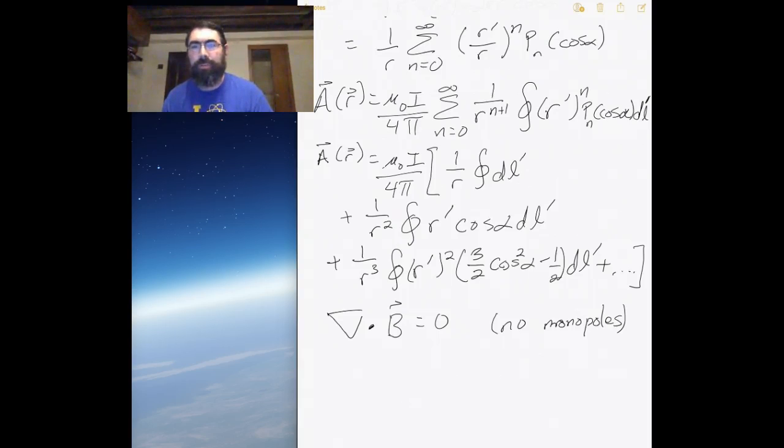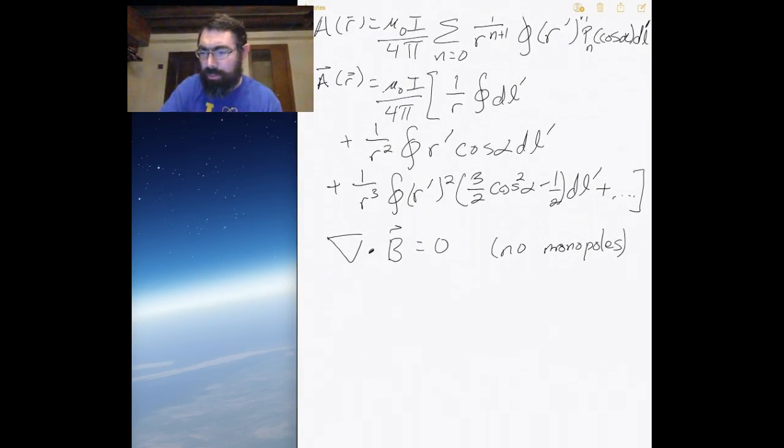It always has to come in 2 poles to make up a magnetic field. Okay, so how does that fit into our expansion here? Well, all that means is that when you integrate over dl prime by itself, then that's equal to 0. Integration over the closed loop, the closed path, gives you a 0.